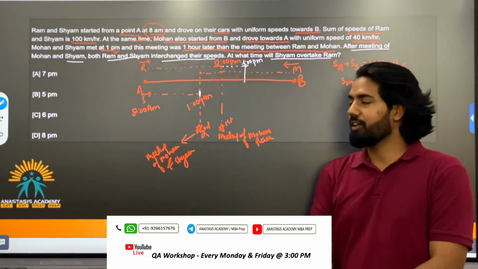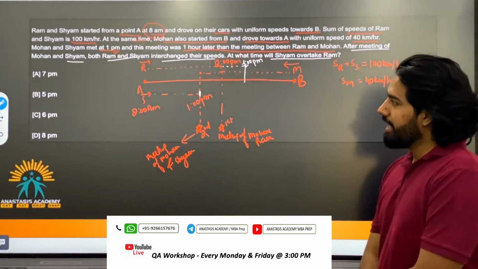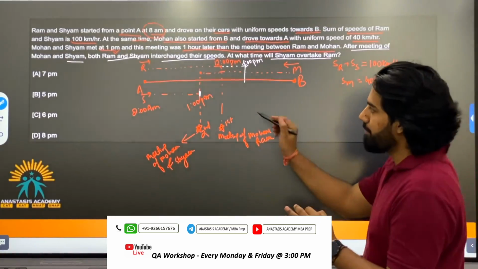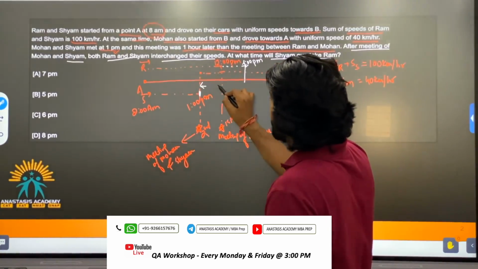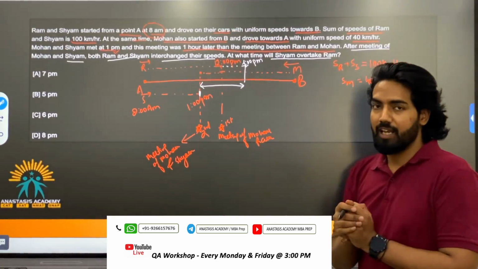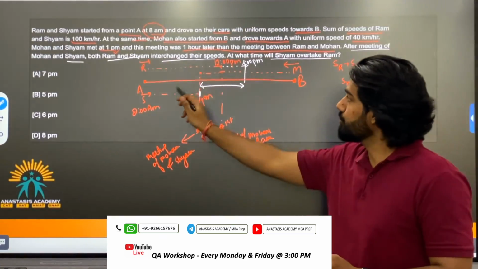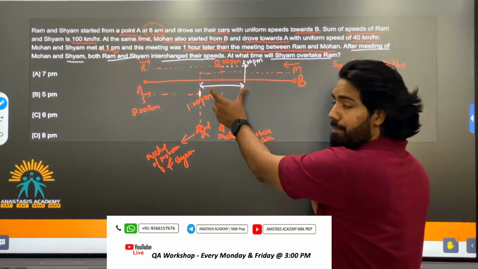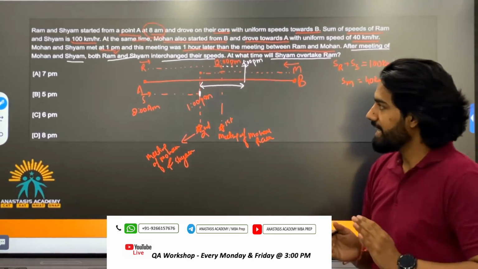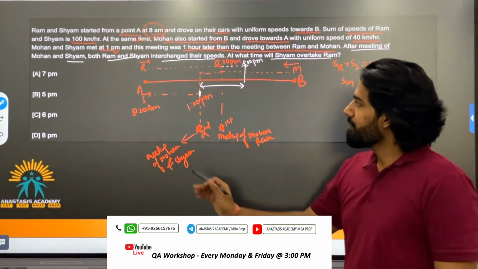Now very logically think about it. This gap is the gap that has to be overcome. If Shyam has to overtake Ram, this gap has to be 0, right? Think about it.